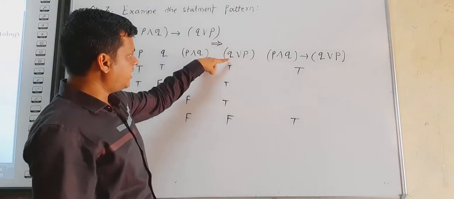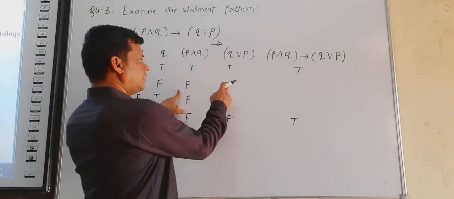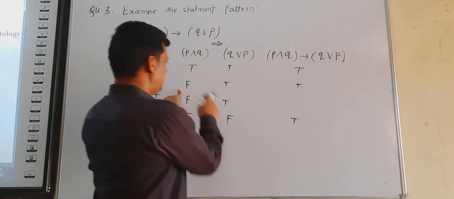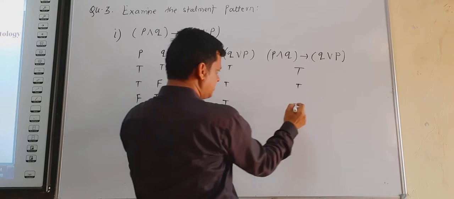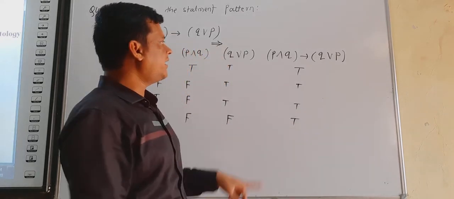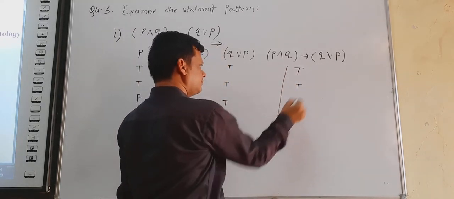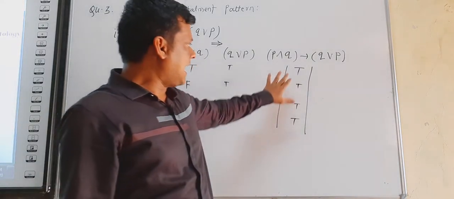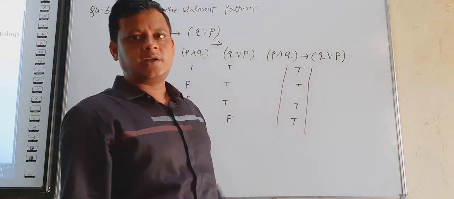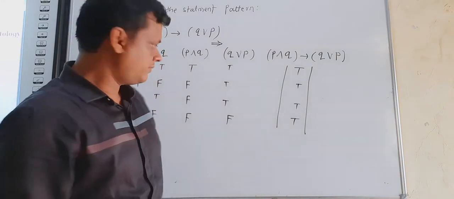Here second statement is Q or P, therefore true. F implies T is T, F implies T is T. Therefore entries in the last column are all true, therefore it is a tautology.